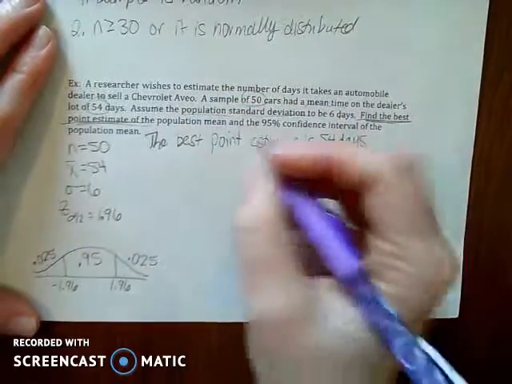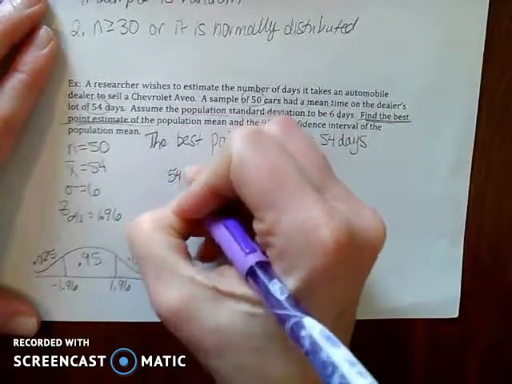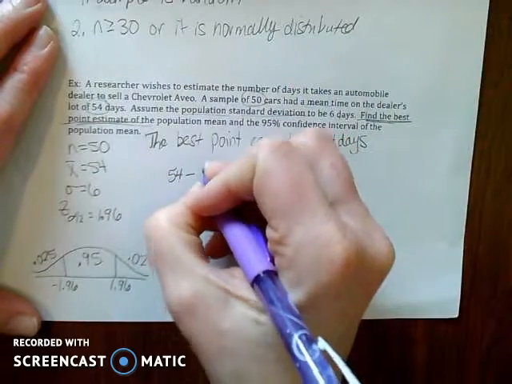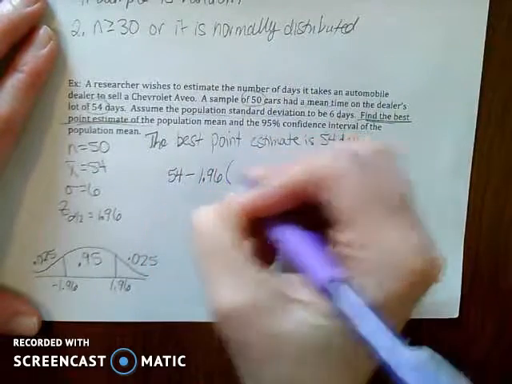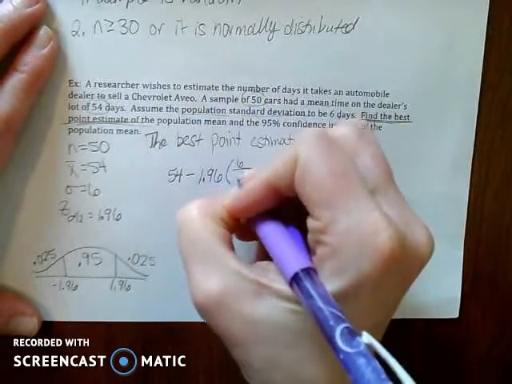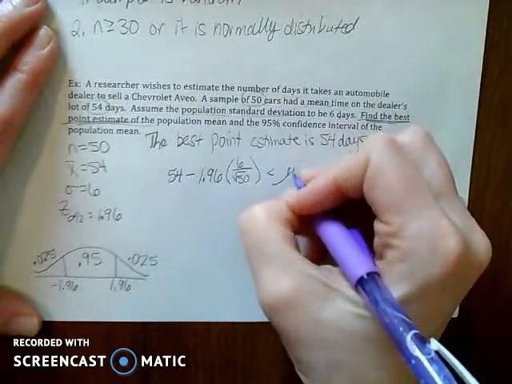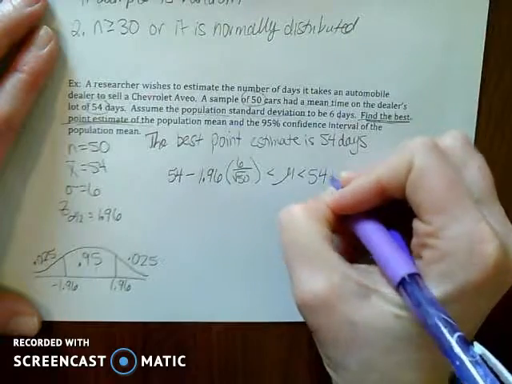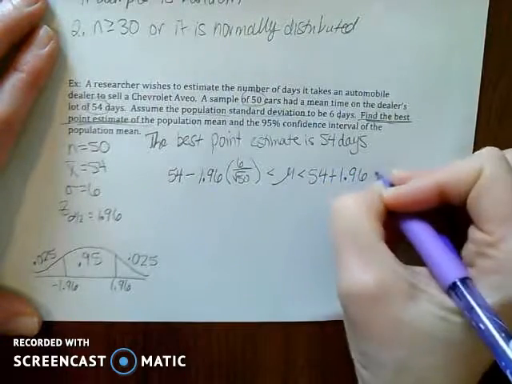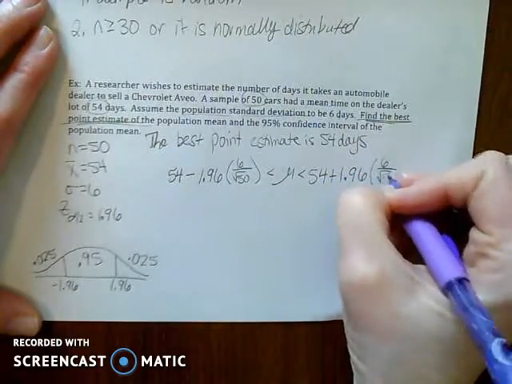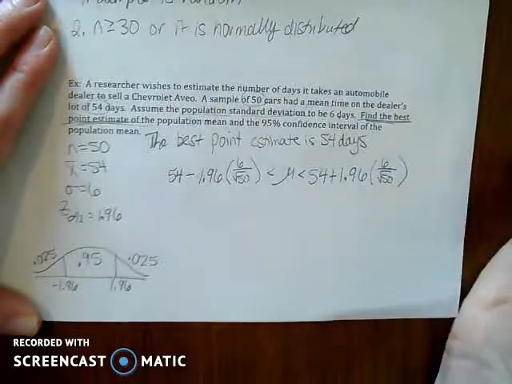So I'm going to write the whole long formula out. 54 minus 1.96 times 6 over the square root of 50 is less than mu, which is less than 54 plus 1.96 times 6 over the square root of 50.